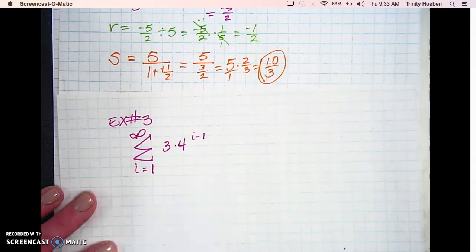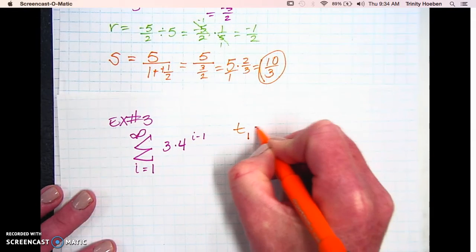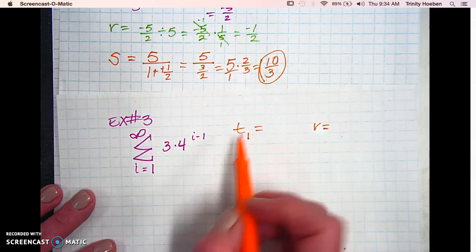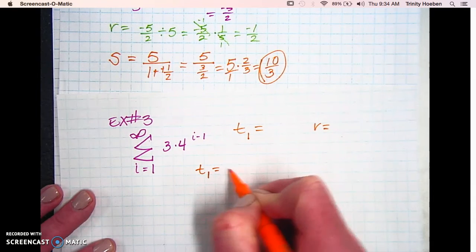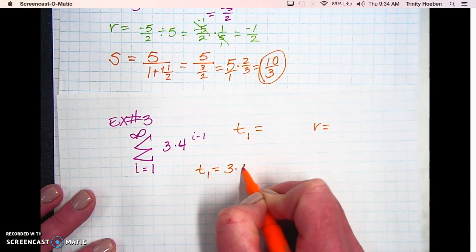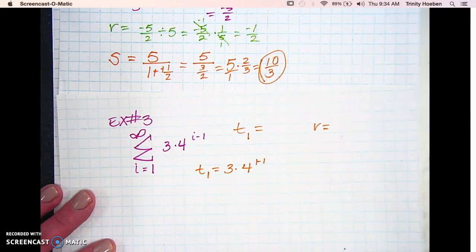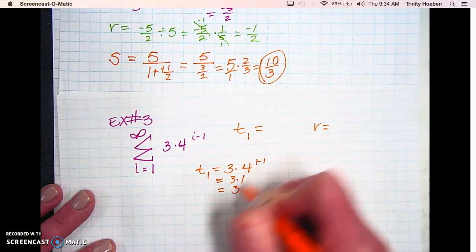Just two things you need are the first term and the common ratio, right? So for the first term, we're going to plug in the 1. Term 1, we're going to say 3 times 4, and then we have 1 minus 1. 1 minus 1 is 0. Anything to the 0 power is 1, so it's 3 times 1, and 3 times 1 is 3.